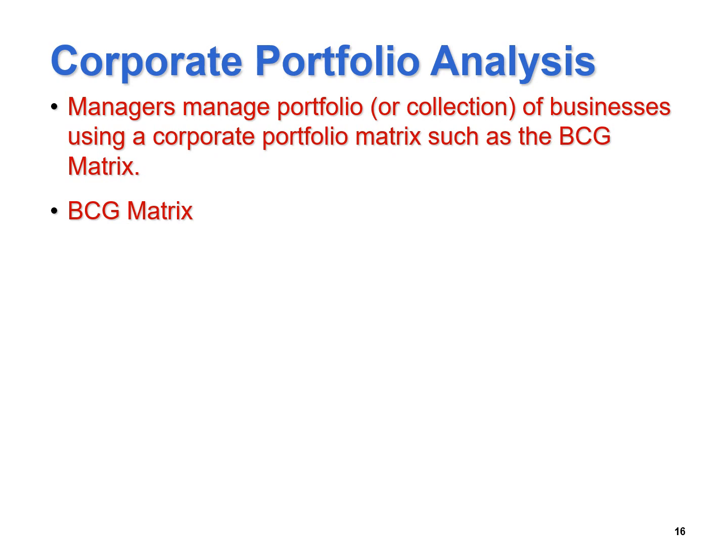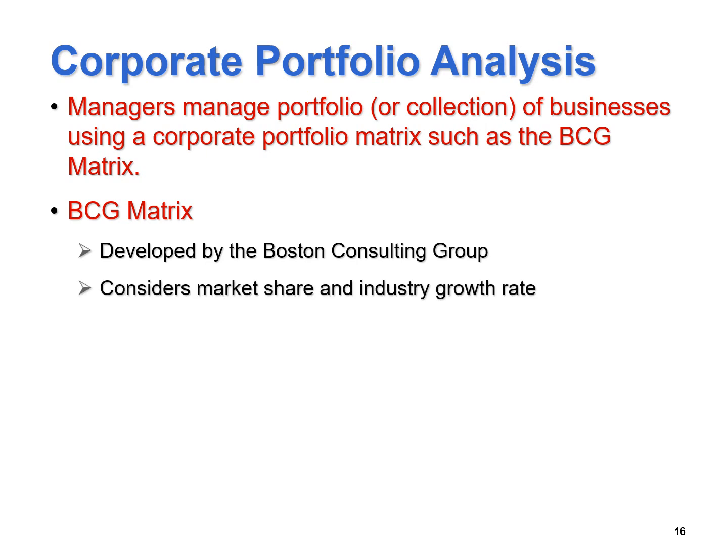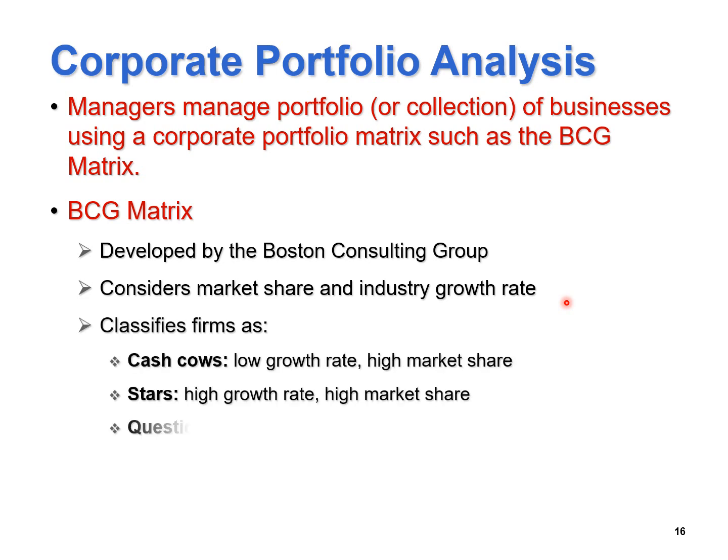But initially we need to have a brief intro of the previous mechanisms which are available. So one of them is the BCG matrix. The BCG matrix was developed by the Boston Consulting Group. They consider market share and industry growth rate. On one axis they take the market share and on the other they take the industry growth rate.